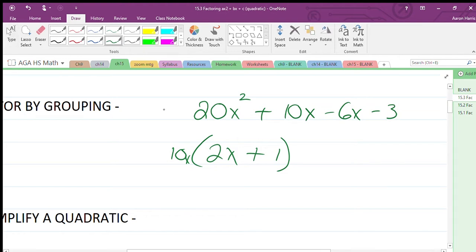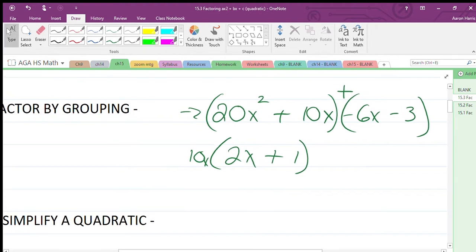So if this was your original equation, I'm going to group these first two and I'm going to what? Add them. Now, I just showed you my hand because I reverse engineered this, okay? So what would you do? You would take 20x squared plus 10x.